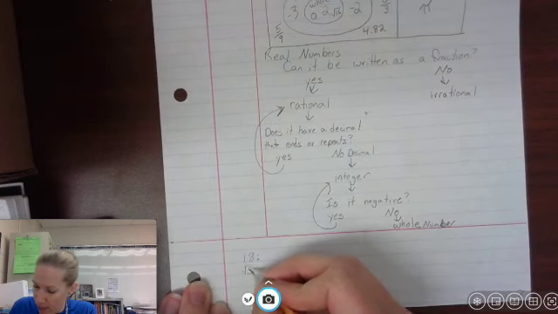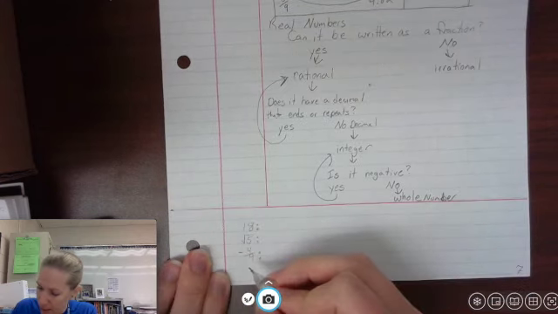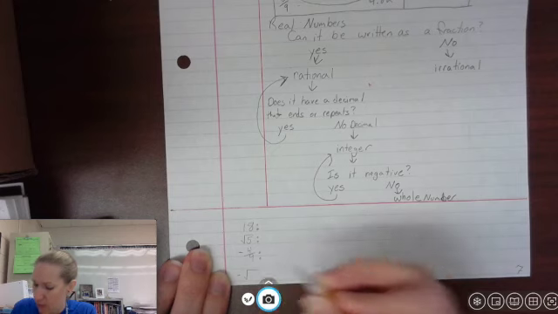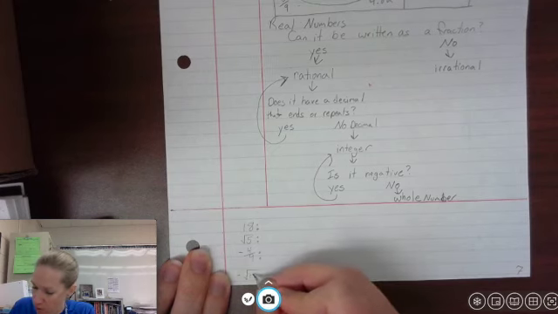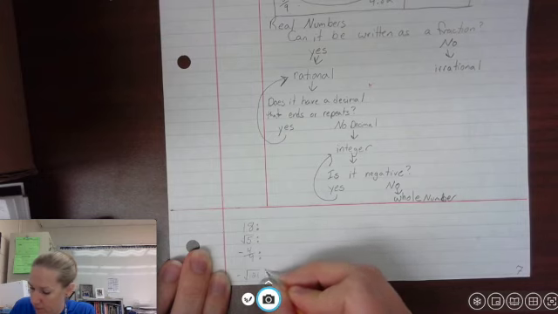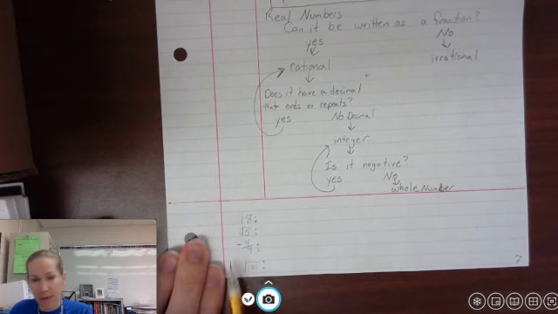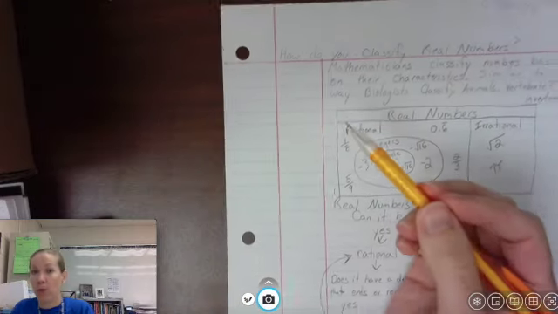Square root of 5, negative 4/9, and let's do the negative square root of 120. If you can figure out what classifications these numbers have, then you understand how to classify numbers, real numbers.